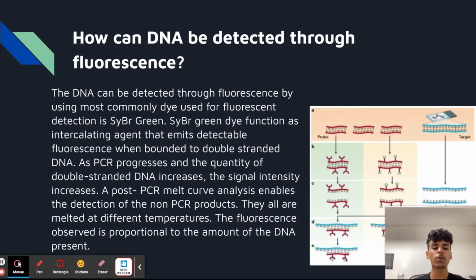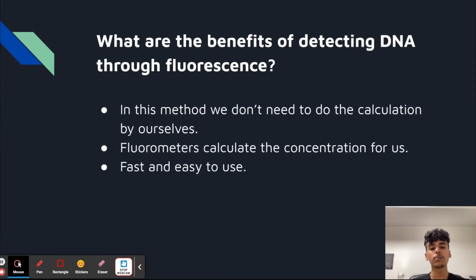As PCR progresses and the number of double-stranded DNA increases, the signal intensity increases. A post-PCR melt curve analysis enables the detection of non-PCR products. They are all melted at a different temperature. The fluorescence observed is proportional to the amount of DNA present.